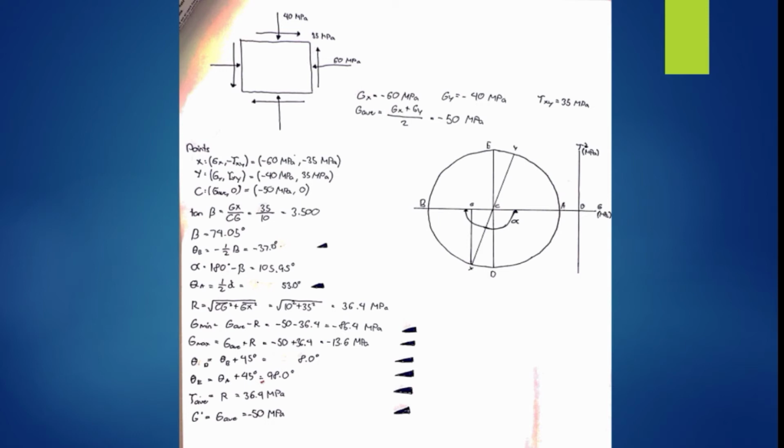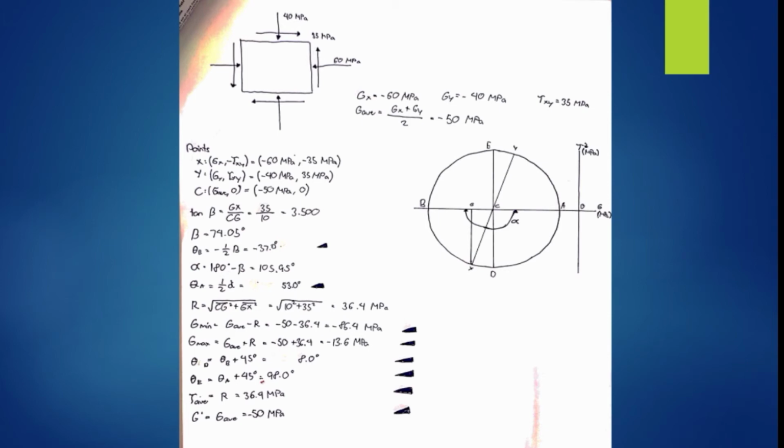Next is B. To get B, tan inverse of 3.5, so the answer will be 74.5 degrees. Next is θB equals negative 1 half B. It is negative because we know that this side is negative. So the answer will be negative 37.0.